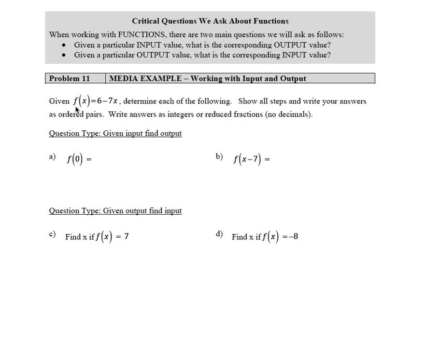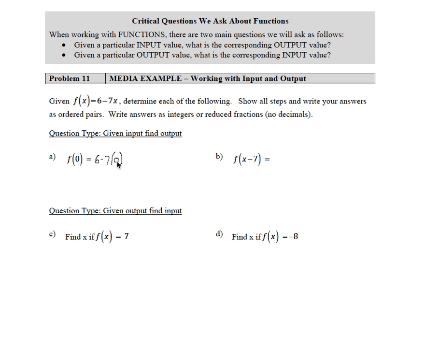So here we are given a function, f of x equals 6 minus 7x, and we're asked to determine the following. So here, the question type: given input, find output. If I see something like f of 0, that means I know what my input is. I am going to replace every instance of the input variable x with the new input value 0.